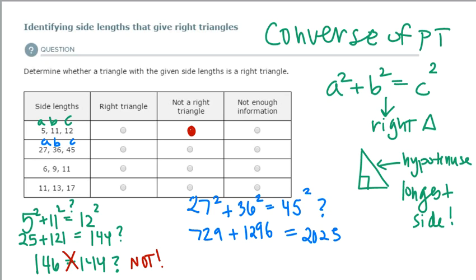Definitely double check yourself, especially with these big numbers, like I did. All right, so I'm going to add the left-hand side. Remember, we do not know if they're equal. Now we do, though. 2025 does equal 2025. Yes, they do. So yes, it's a right triangle. So that's the process that you're going to go through for this problem.